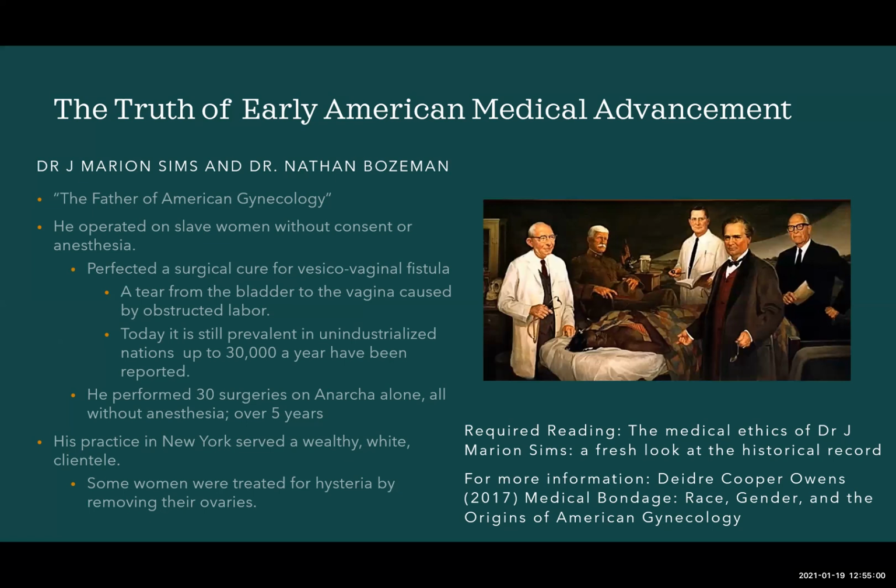And this leads to many things. White women would become outcasts in their community. Enslaved women would not necessarily become outcasts because they still had to work. It didn't matter that they were getting infections and that they were in pain all the time. That didn't matter. They were enslaved. They continued to work.